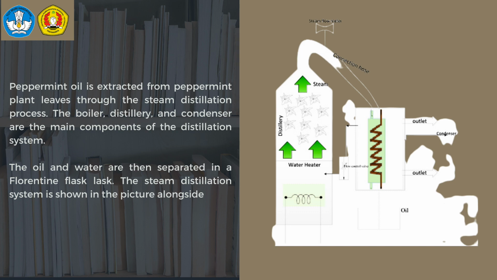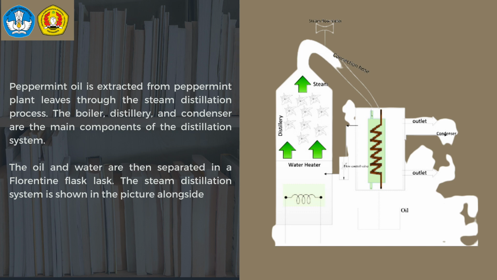The distillery consists of peppermint leaves, and the steam generated in the boiler is passed through the leaves. The oil is evaporated from the leaf at a temperature range of 215 to 300 degrees Celsius.